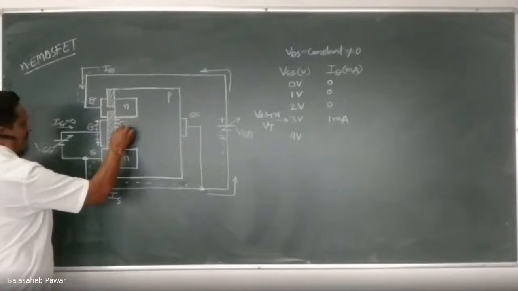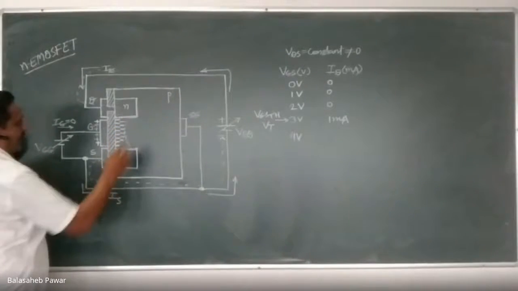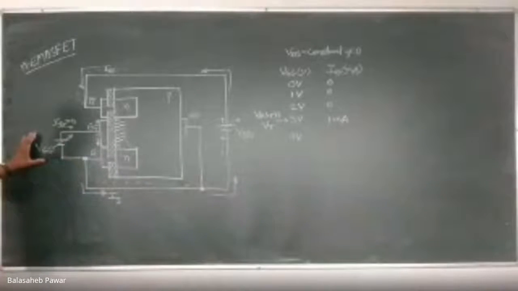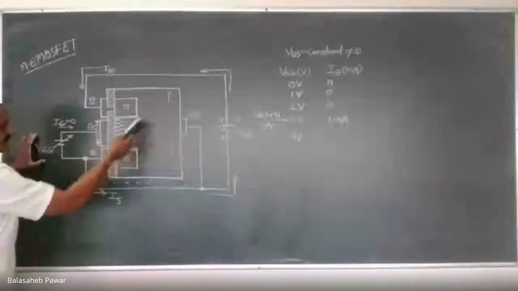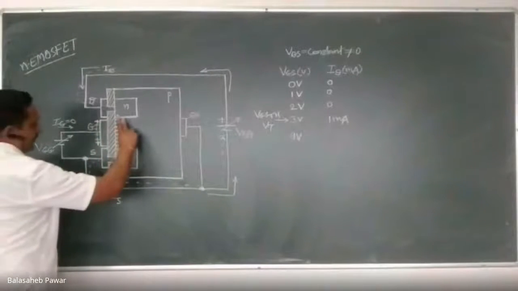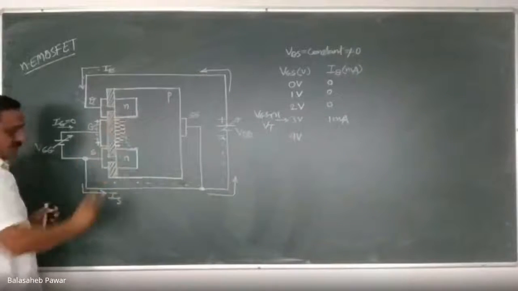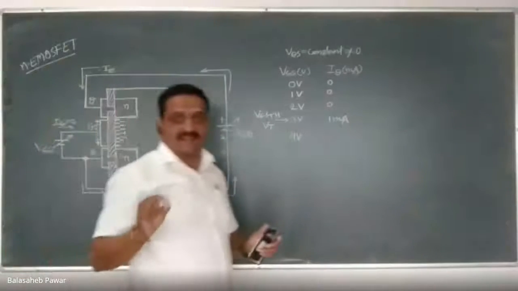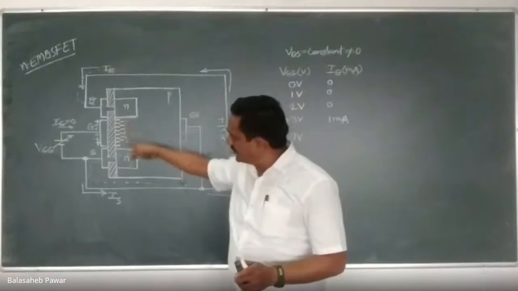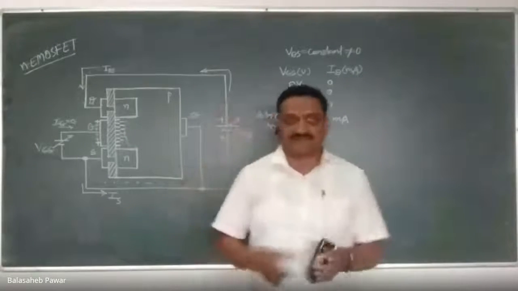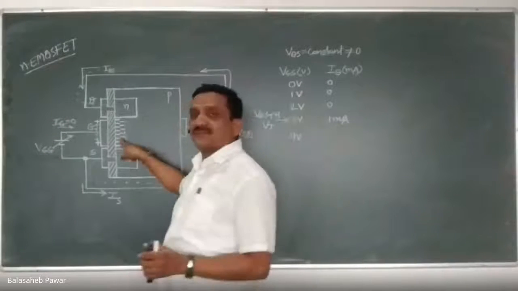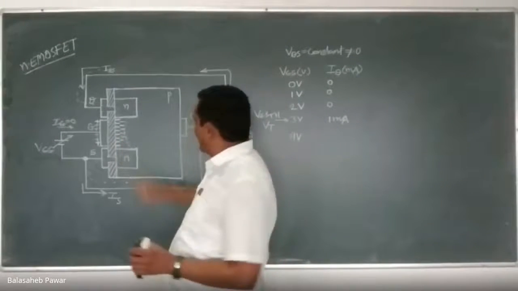Is it okay? So as compared to when VGS was 3, when it is 4 volts, more minority charge carriers will get attracted. That means the density of the channel formed, the density of negative charge carriers accumulated at the edge of the SiO2 between drain and source, will increase. And when that density increases, its current handling capacity also increases.